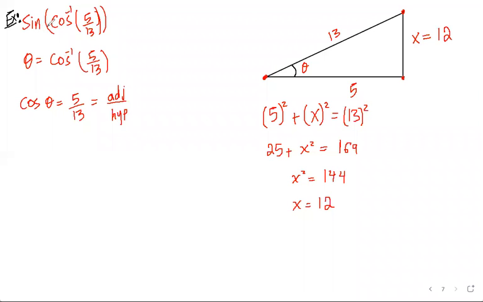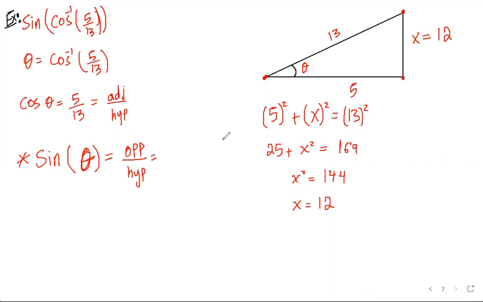Now the question is the sine of this theta. The sine of theta from the triangle is the opposite over hypotenuse.